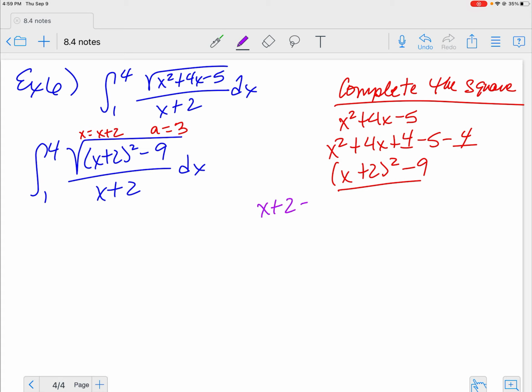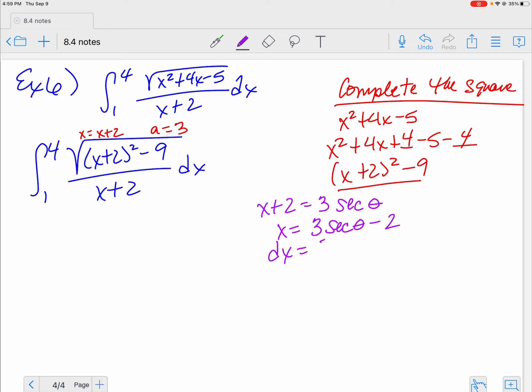So x plus 2, and you can do an additional sub. We're not going to. You were just going to say x plus 2 is that x value, so it's on that side, of 3 secant theta, right? So then x is actually 3 secant theta minus 2.